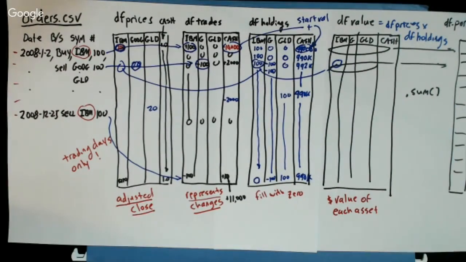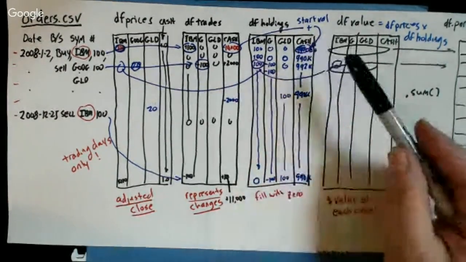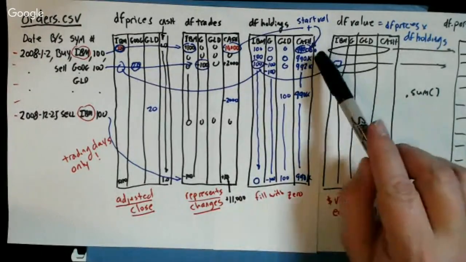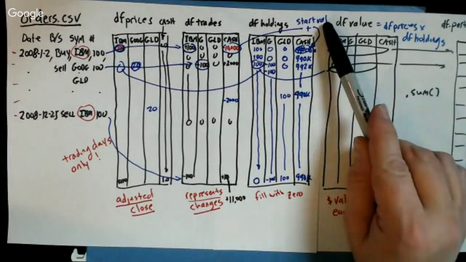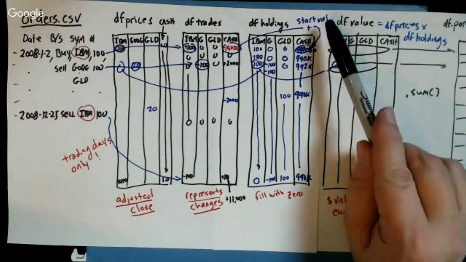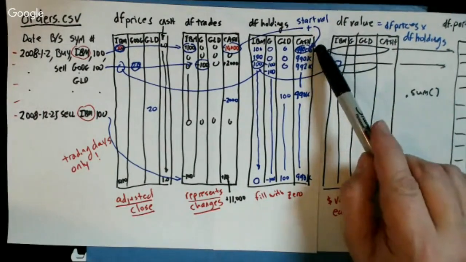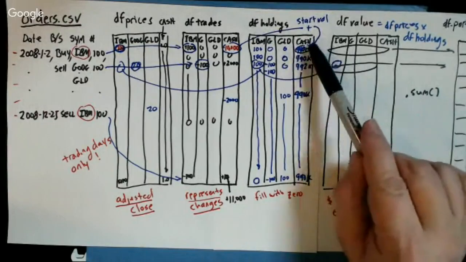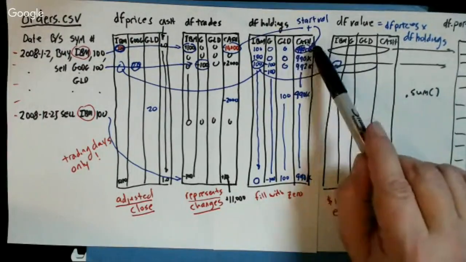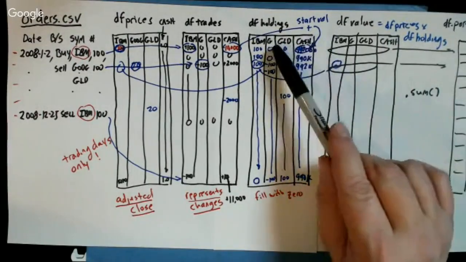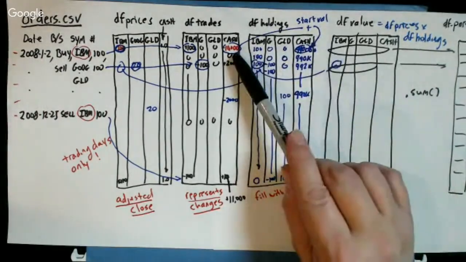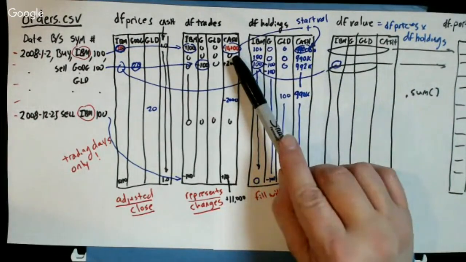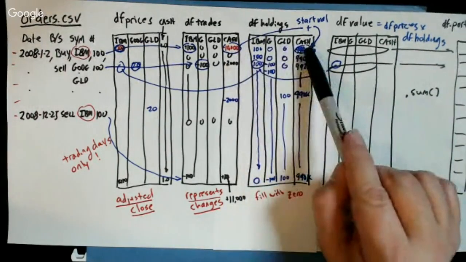Actually, the value of the portfolio on the first day ends up always being exactly equal to the start value. Why is that? Well, we start with our start value in this initial cash row, but we bought some shares of IBM, so that cost us some cash, so we get 990K.